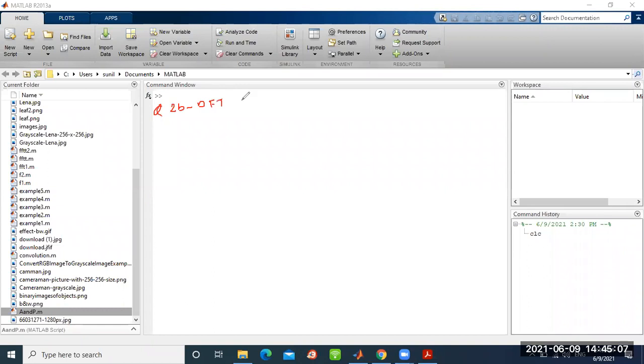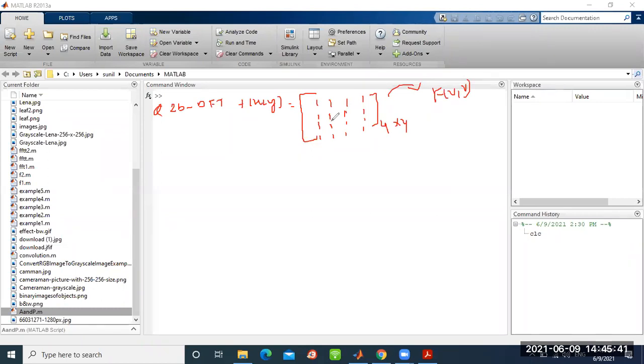The matrix is given as f of x, y, something like 1, 1, 1, 1, 1, 1, 1, 1, 1, 1. So this is a 4 cross 4 matrix. Fine. So you have to find the F of u, v. F of u, v is the frequency domain of this matrix, or we can say frequency domain of this image.